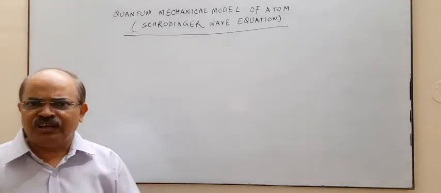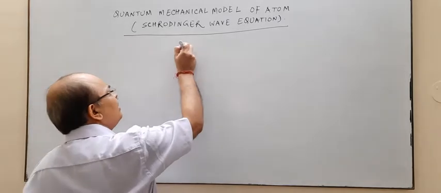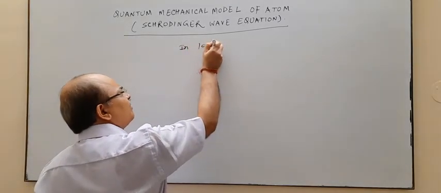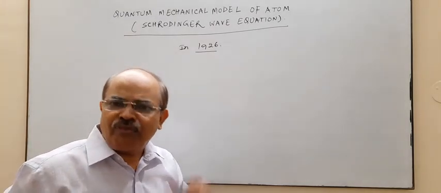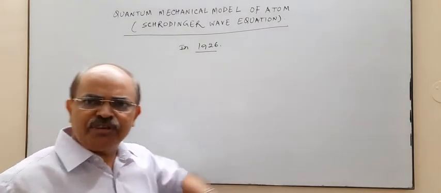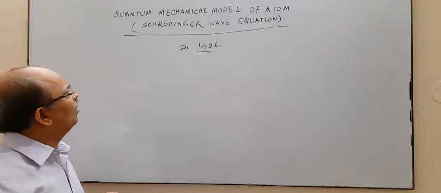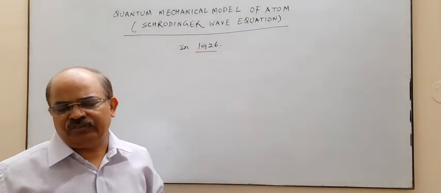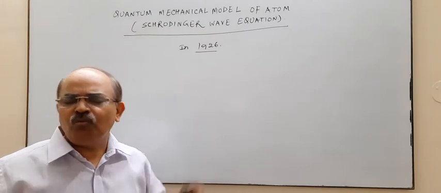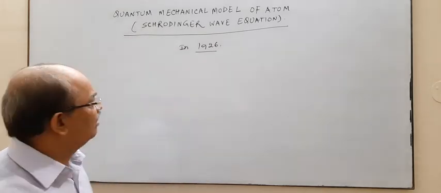It means the electron is not truly a perfect particle, but it also behaves like a wave. So Schrodinger in 1926 formulated a wave equation known as the Schrodinger wave equation. Now, what is this equation?